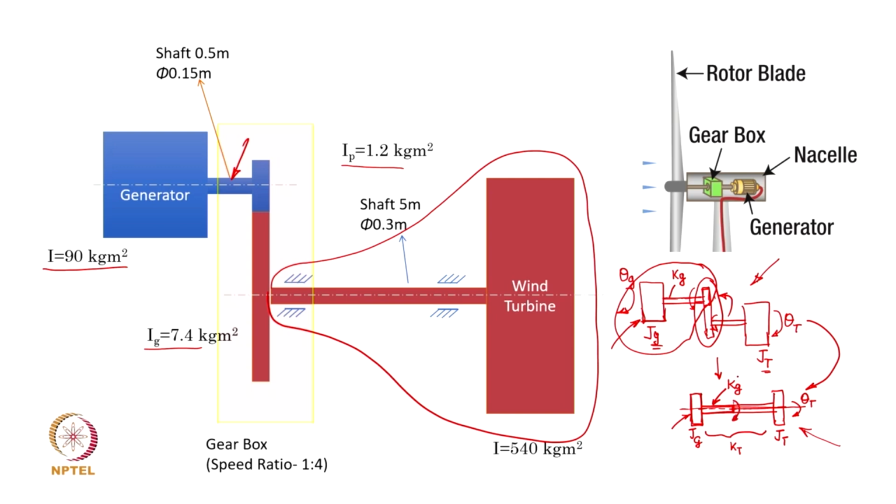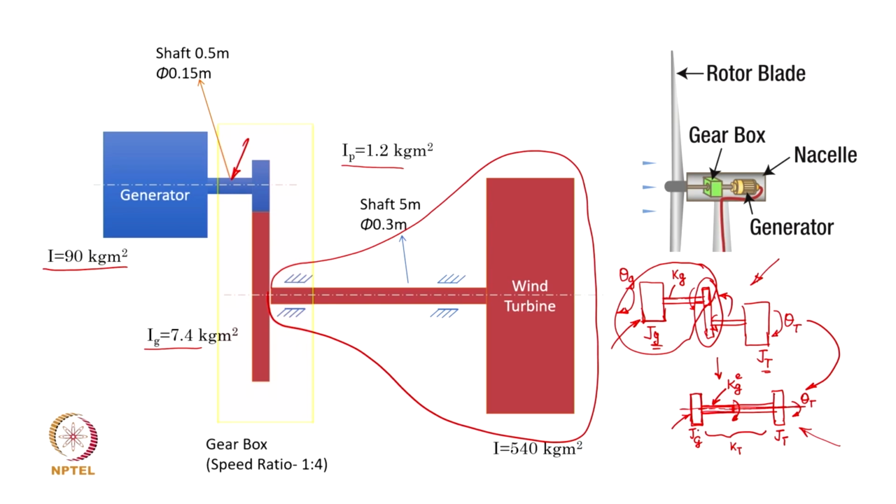So, I will have to scale this torsional stiffness to an equivalent torsional stiffness, so that the total strain energy stored is the same when the movement of this shaft is in line with that of the turbine.